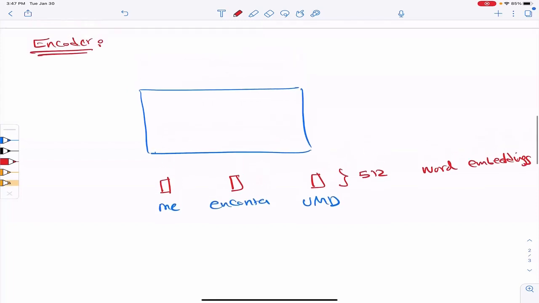But as I mentioned, the output of the encoder is also going to be a vector, let's say of the same length, 512, for each token. Maybe I already answered, but why do we need to design an encoder? Why can't we use the word embeddings themselves?